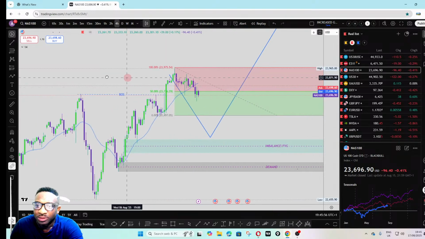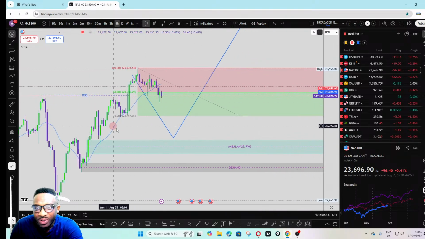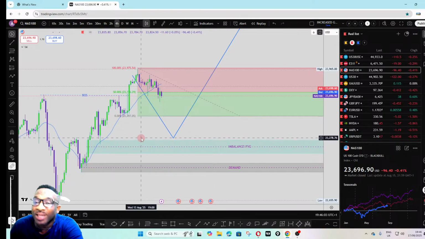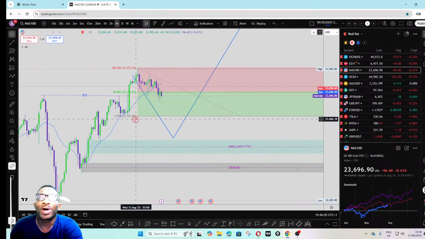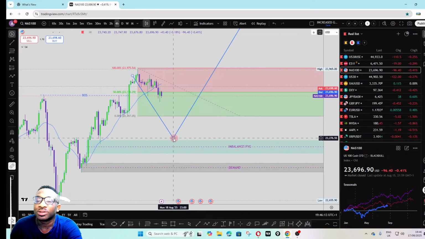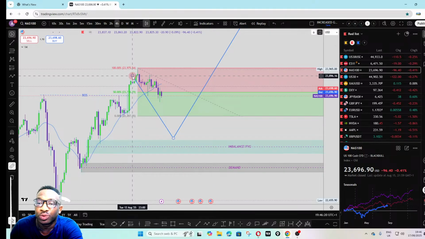As we identify all these areas, what we can use to get into a trade is a confirmation entry, because we don't know whether price is truly going to come all the way down here. If it's going to come all the way down here, fine, we're going to be trading along the way by reading market structure and doing what price is telling us.